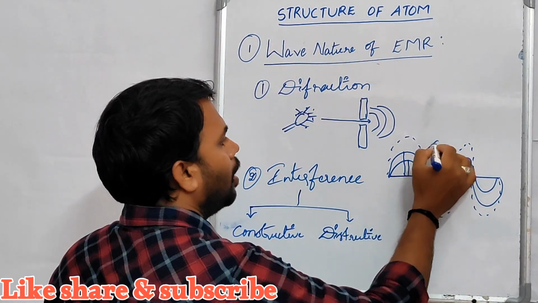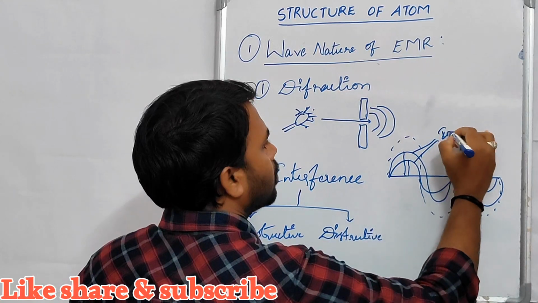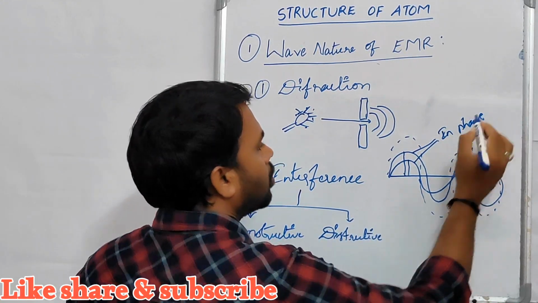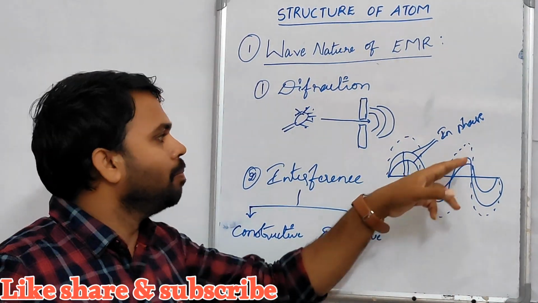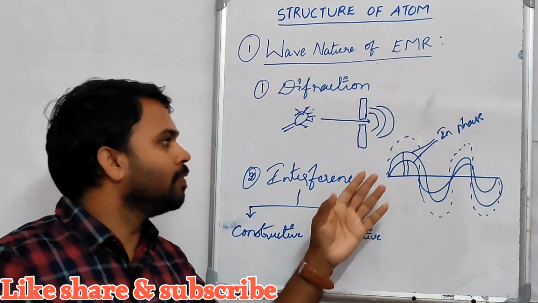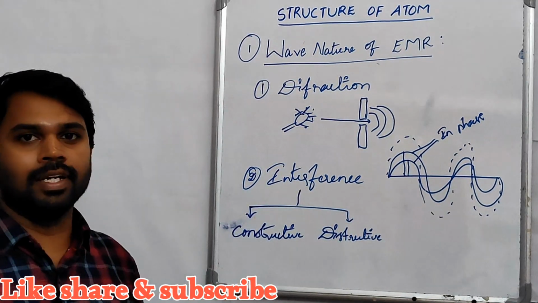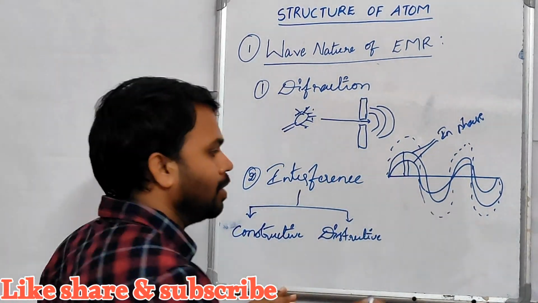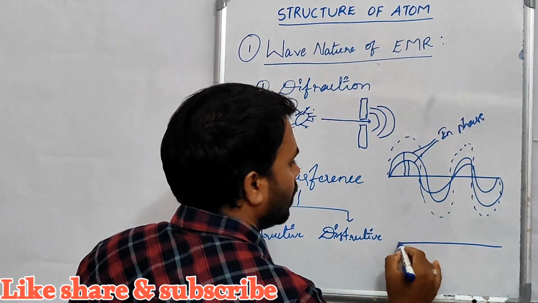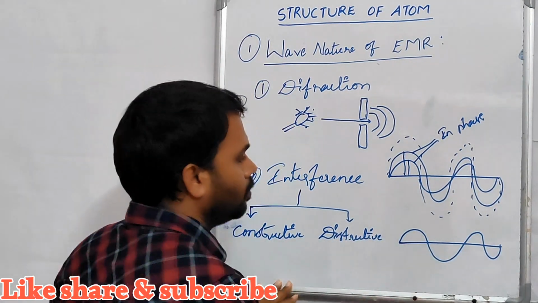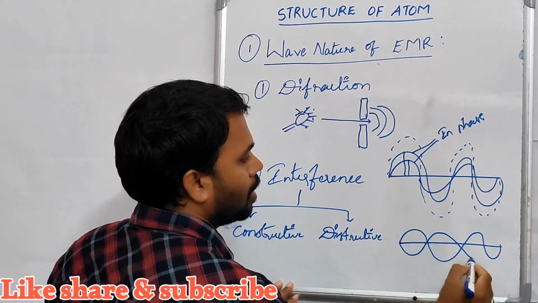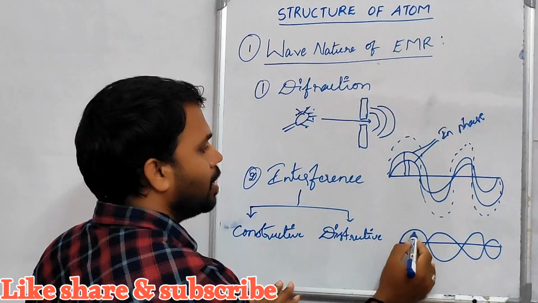These two waves are called in phase. The resultant wave is bigger than these two waves. This is called constructive interference. Now come to the destructive interference. This is one wave, and this is another wave. This is the crest of one wave.